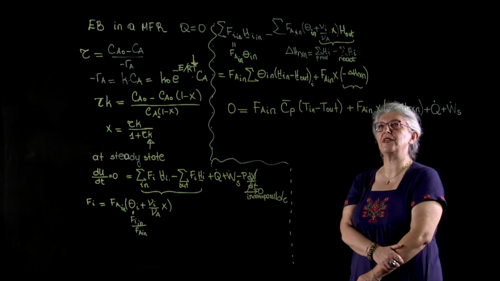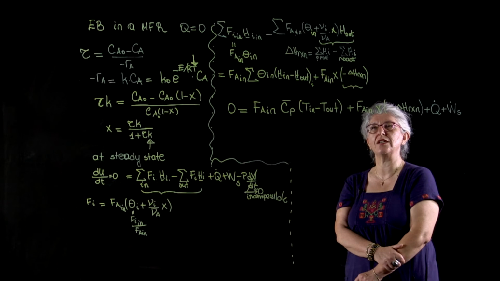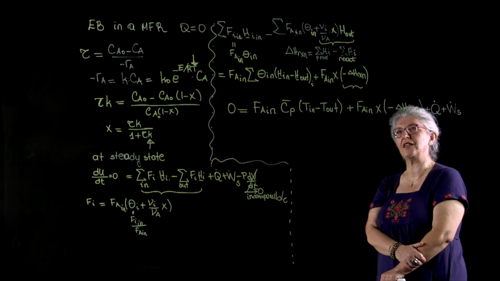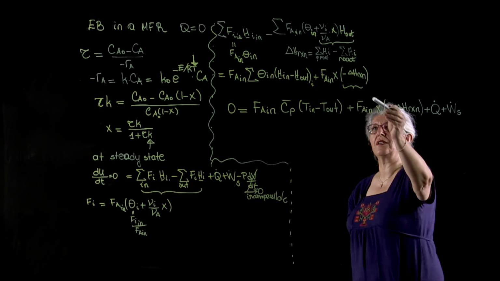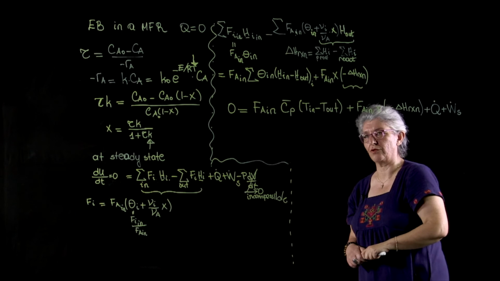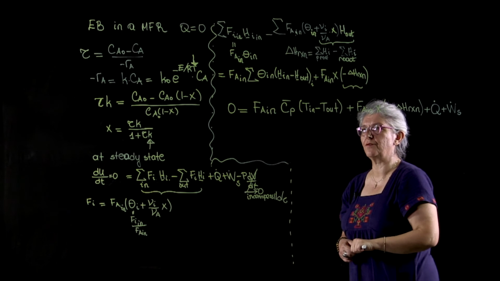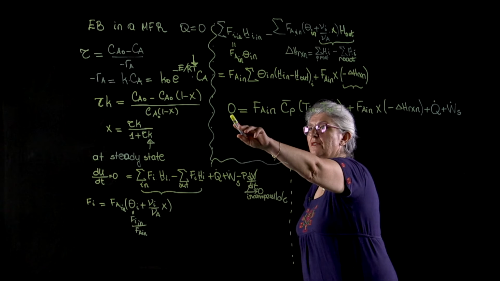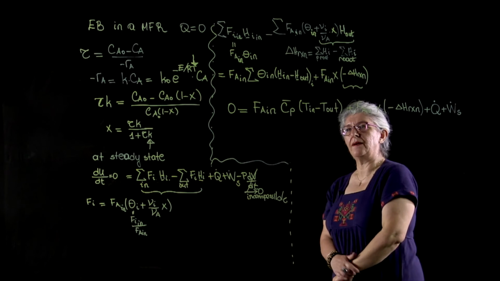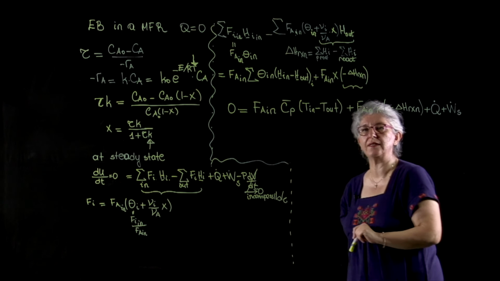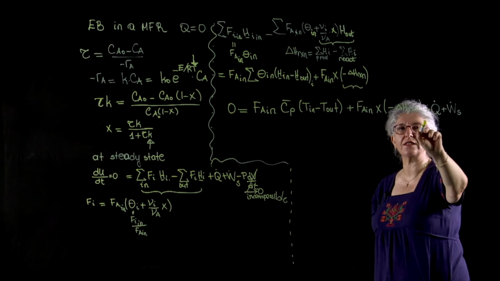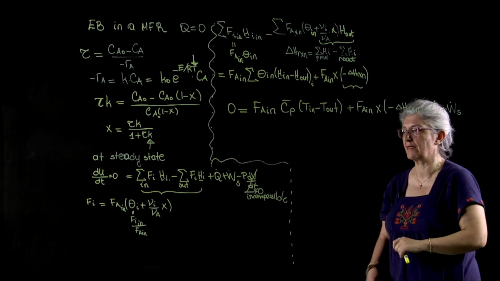We have observed that the nu I over nu A times H out terms are related to the reaction enthalpy change through the expression minus delta H reaction, and the overall energy balance has now taken the form under steady state conditions: 0 is equal to Fa in times Cp mean times the temperature difference between inlet and outlet, plus Fa in times conversion times minus delta H of reaction, plus heat exchange, plus the shaft work.